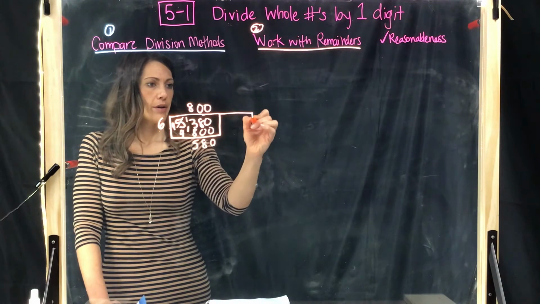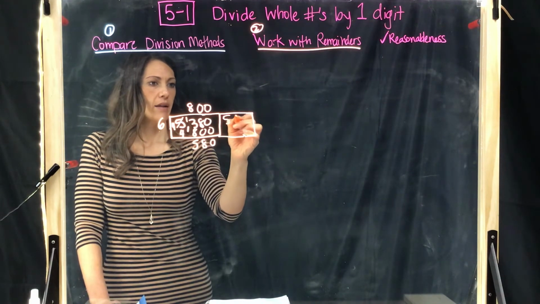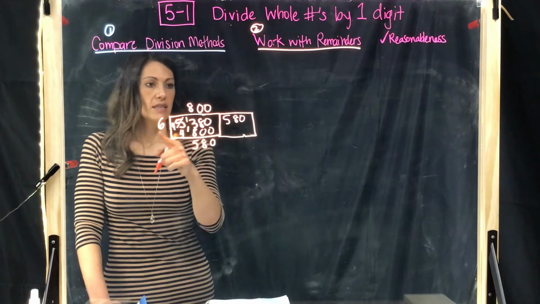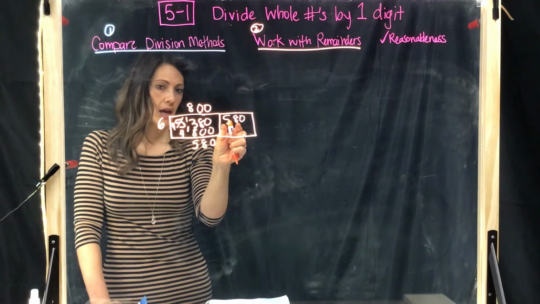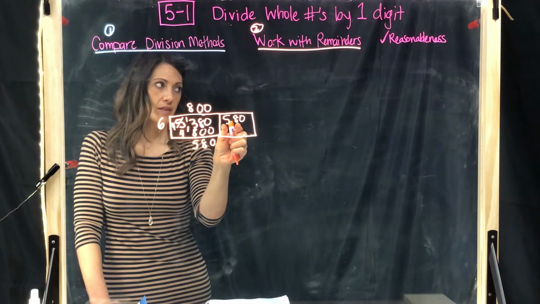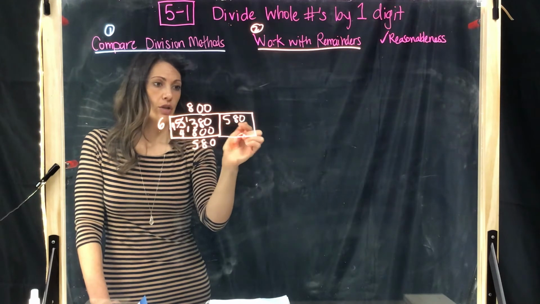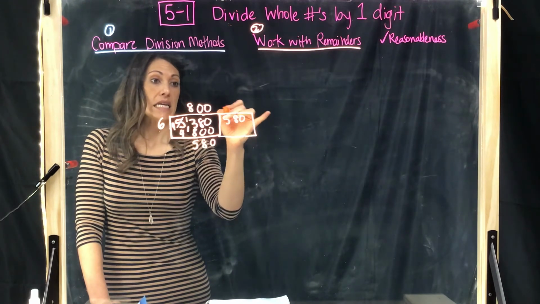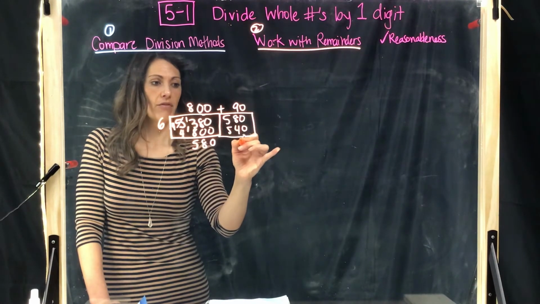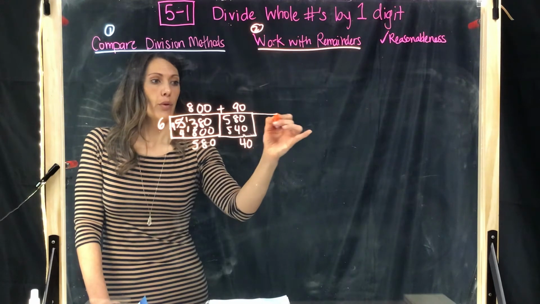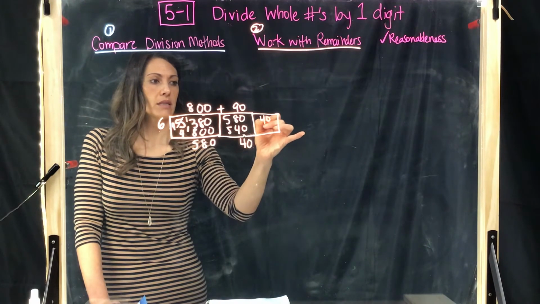So I'm going to put another box and put 580 in there. And I'm going to keep dividing. 6 goes into 580. I'm going to look at the 5. Doesn't go in. 58. 6 times 9 is 54. So 6 times 90 would be 54 with a 0. And I've got 40 left over. So 6 goes into 40.